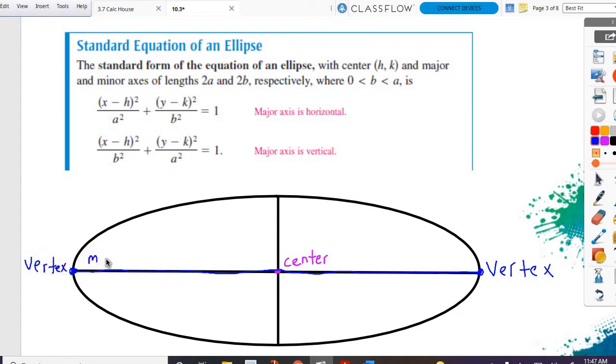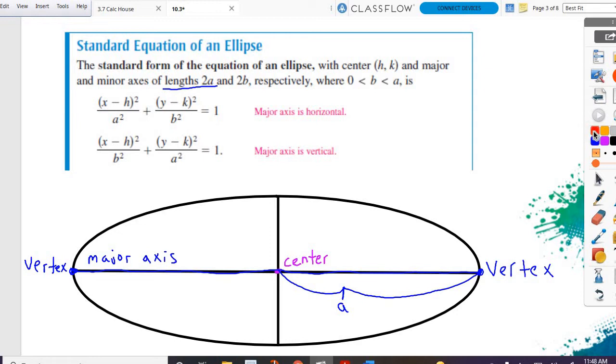So this is our major axis. What else does it tell us about our major axis? It is horizontal. What does it tell us in the instruction? It's a length of 2A and 2B. Yes, so the length of our major axis is 2A. So what does that mean the distance from one of our vertices to our center is? It's going to be just A.